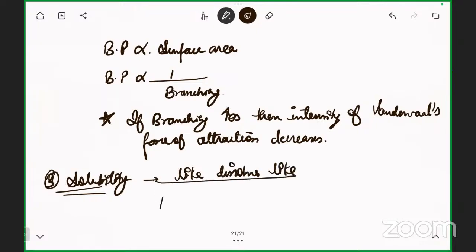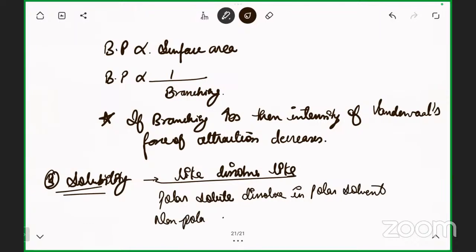It means polar solute will dissolve in polar solvents, and non-polar solute will dissolve in non-polar solvents. So generally, alkanes are non-polar in nature, predominantly non-polar.